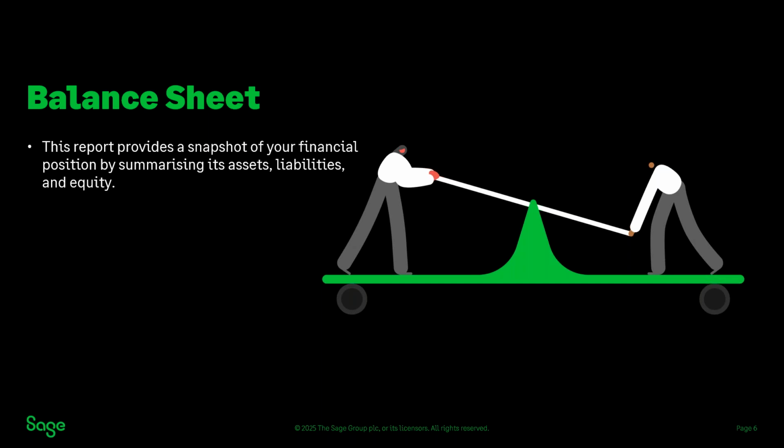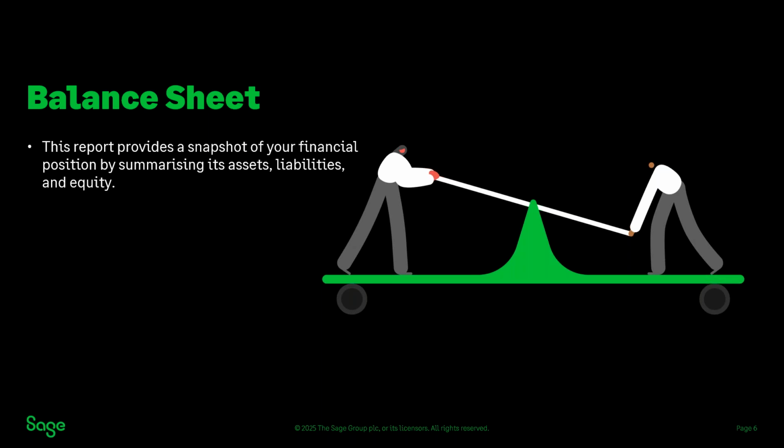This report helps assess liquidity, financial stability, and investment potential. The balance sheet follows a fundamental equation: assets equals liabilities plus equity. This ensures that everything your business owns, i.e. the assets, is financed either by debts, otherwise known as liabilities, or by the business owners and shareholders, which is the equity.